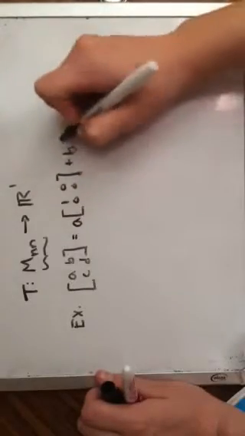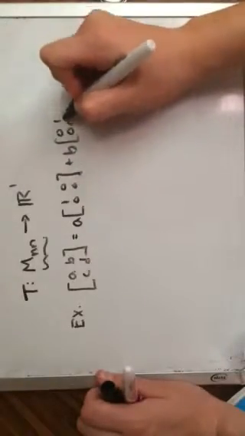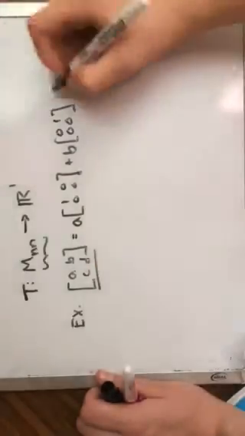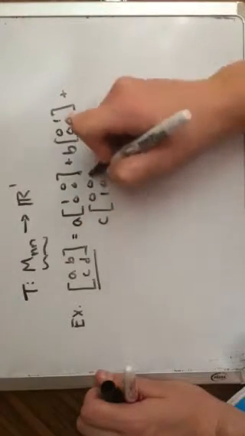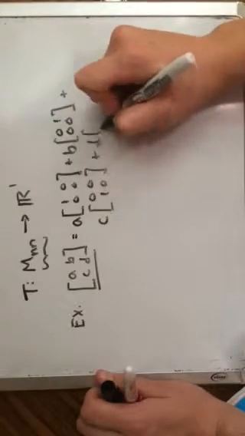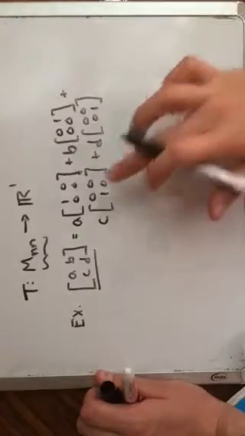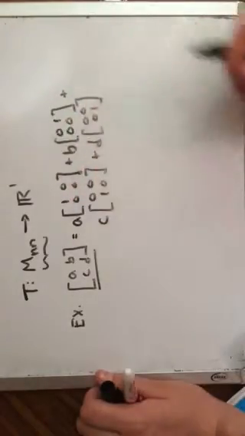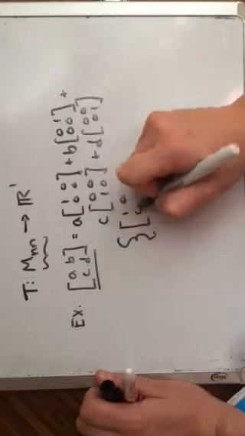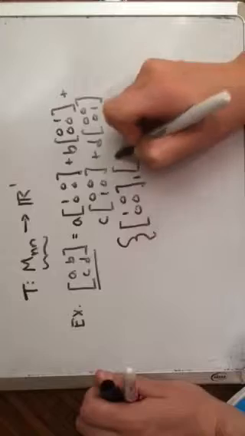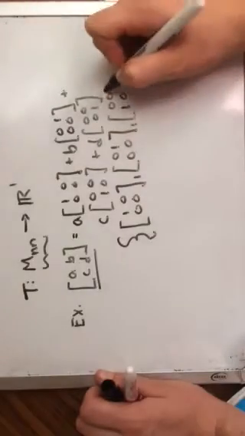If you multiply out these coefficients by these matrices, you will arrive back at the original matrix A, B, C, D. Therefore, we have a basis for the vector space if we rewrite these 4 linearly independent matrices. Since there are 4 of them, once again, the dimension is 4.